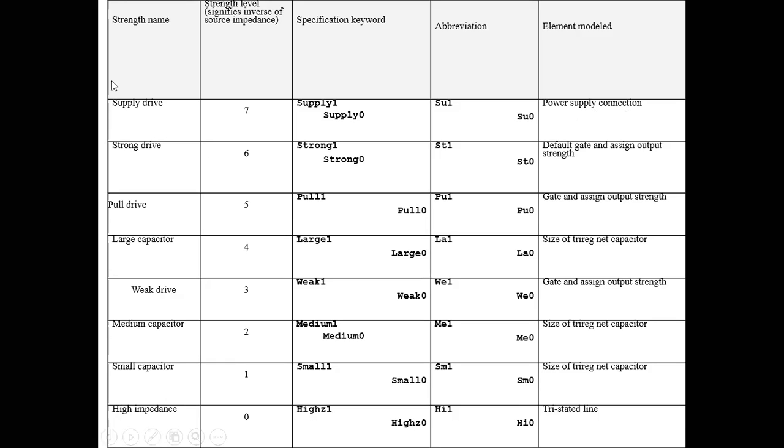You can see here, one has a strength of 7 and the other has a strength of 6. So it will produce an output of 1 if it is connected to supply 1. If it is connected to supply 0, the signal P is going to give an output of 0 since it is connected to supply 0. Do you get now what I am saying?